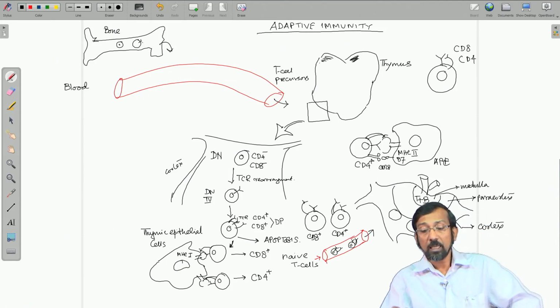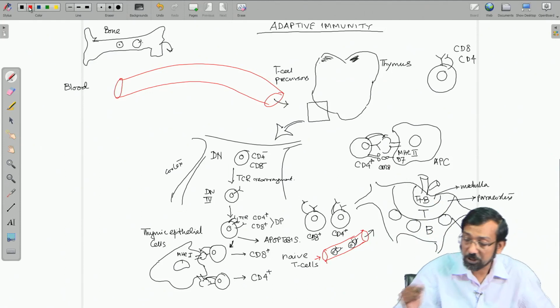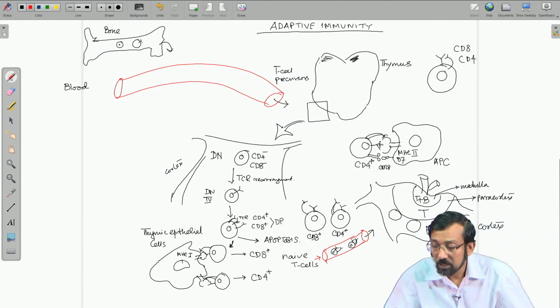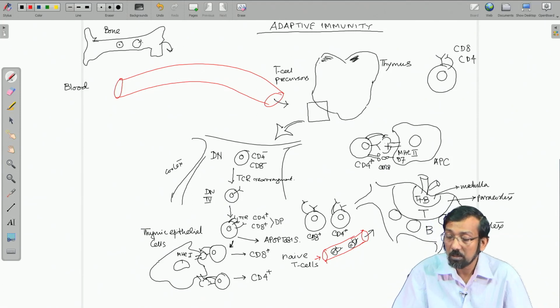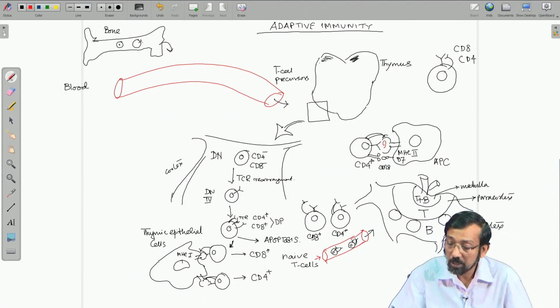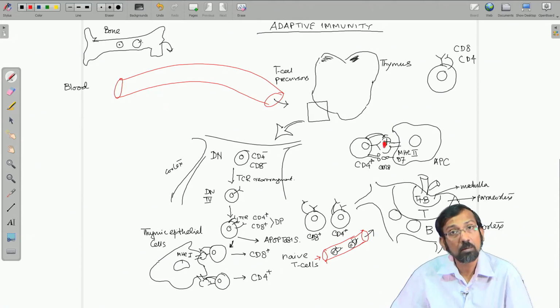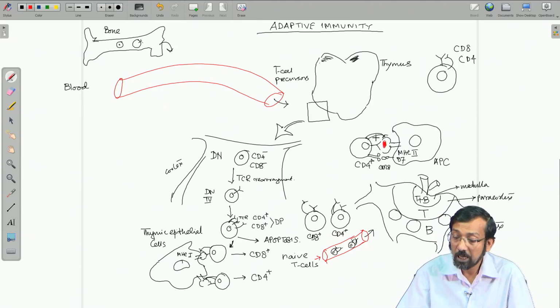So, basically we see there are three different interactions occurring. One is the TCR, or the T cell receptor, with the MHC carrying the antigen, of course, and a co-receptor, the CD4 or the CD8 depending on the type of the T cell, and along with that a CD28 to B7 interaction.